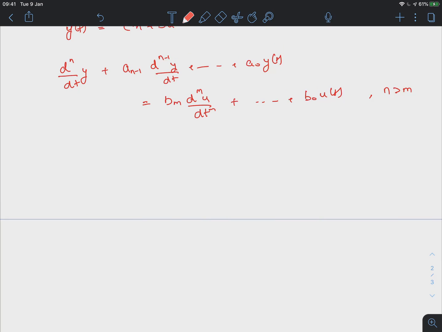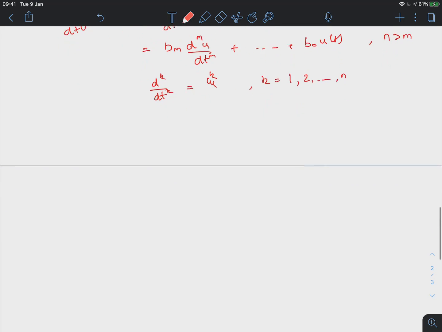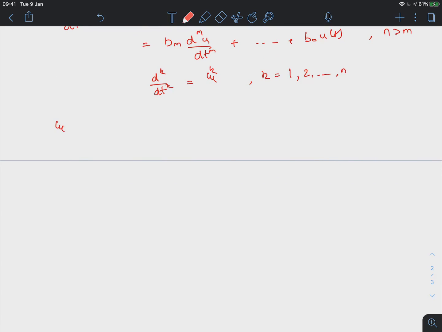Okay, and by defining the operator d/dt and its derivatives as some xi^k for k equal to 1 to n, I could write the differential equation as xi^n plus a_(n-1) xi^(n-1) plus a_1 xi plus a_0 equal to, similarly on the right hand side, b_m and so on, b_0 u.